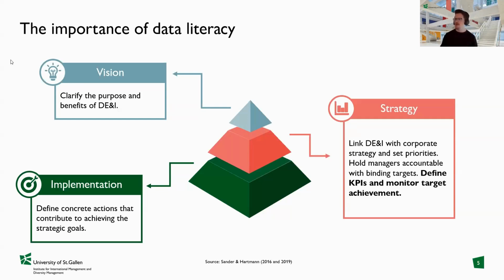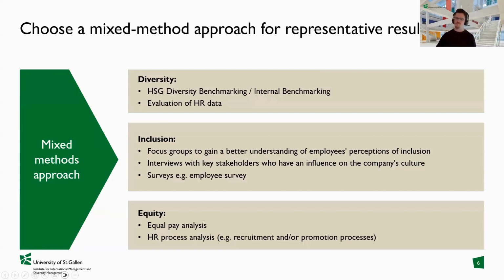When we talk about KPIs and monitoring target achievements, you have a bunch of methods that you can use. An ideal start is, for example, to look at your employee data.